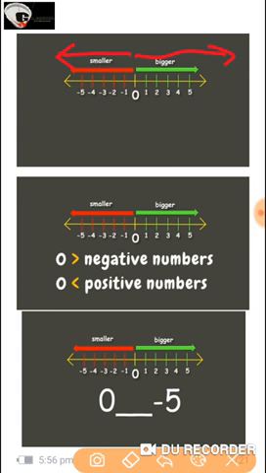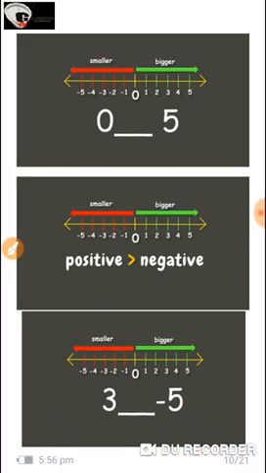Now let us take examples to understand the comparison of integers. Let us take the numbers 0 and -5. Since I told you that 0 is greater than every negative integer, it means 0 is greater than -5, as -5 is a negative integer.